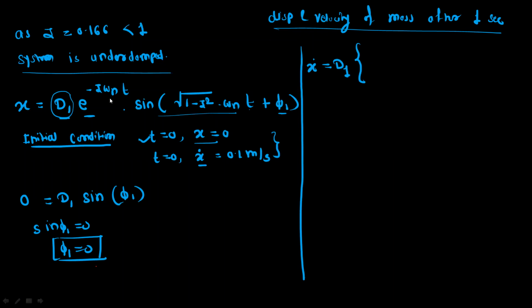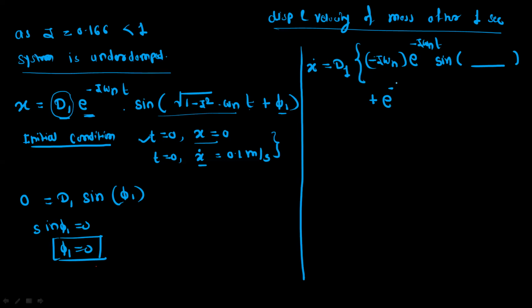I will differentiate the first term by assuming the other as a constant. So the differentiation of e raised to minus zeta omega nt will be e raised to minus zeta omega nt multiplied by minus zeta omega n. So here I will write minus zeta omega n e raised to minus zeta omega nt sine of that complete bracket, plus, now assume e raised to as a constant and differentiate the variable term.